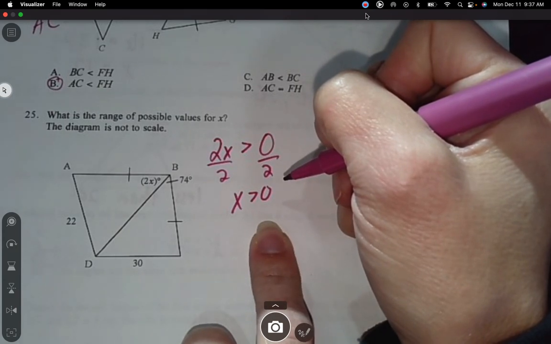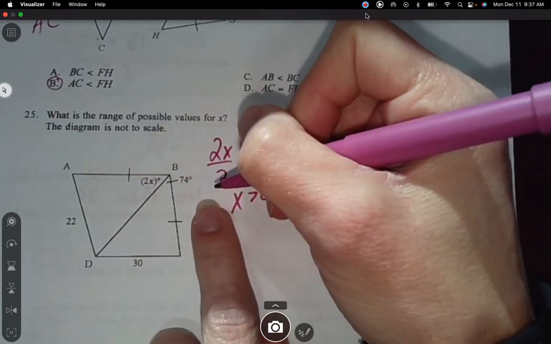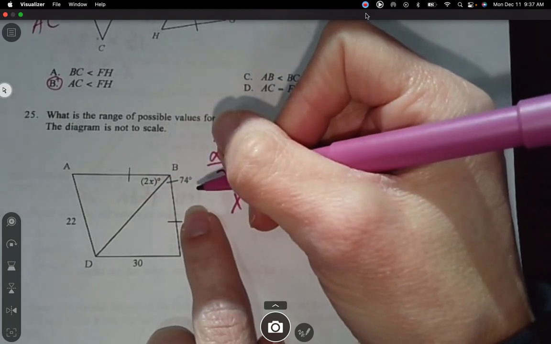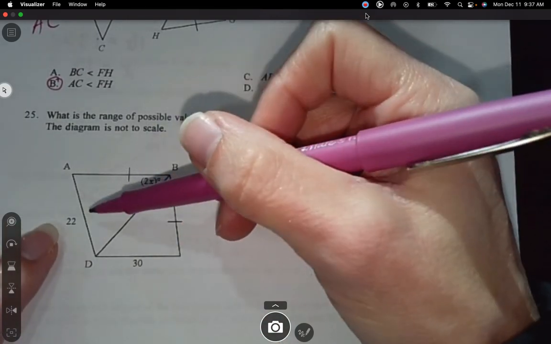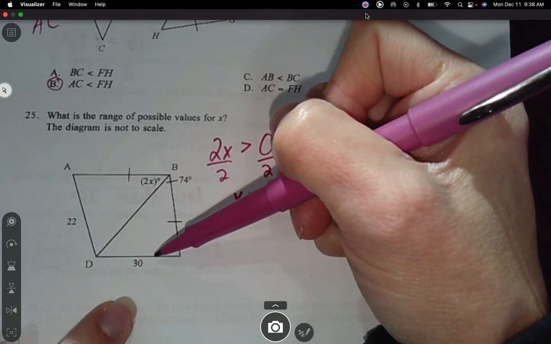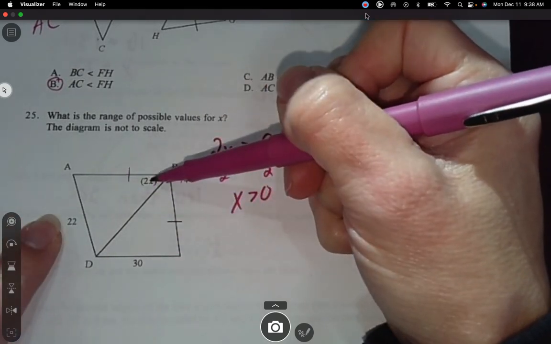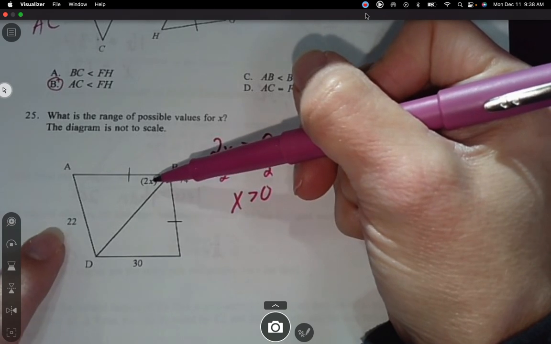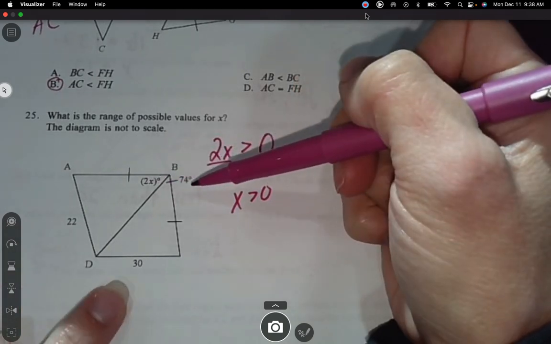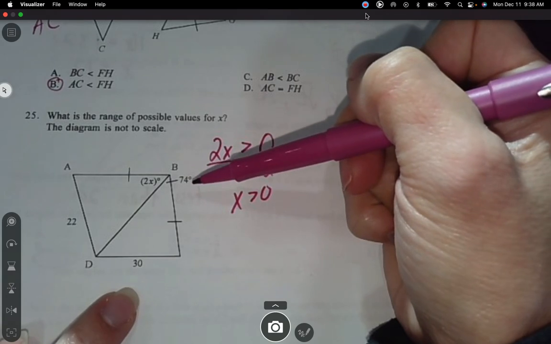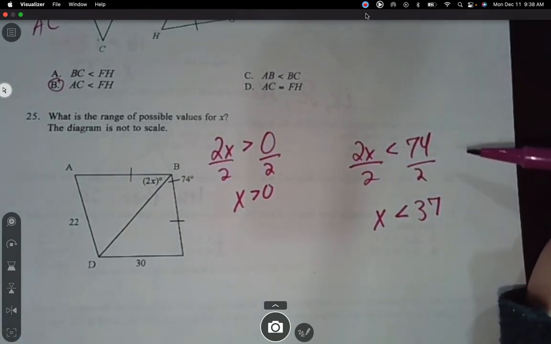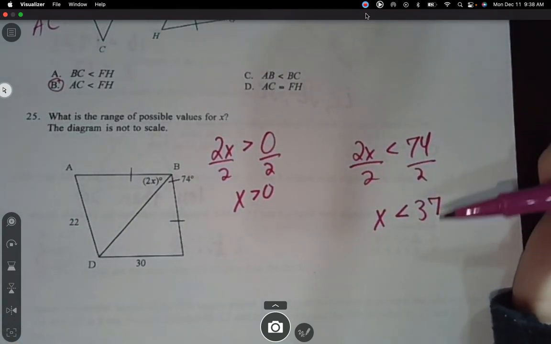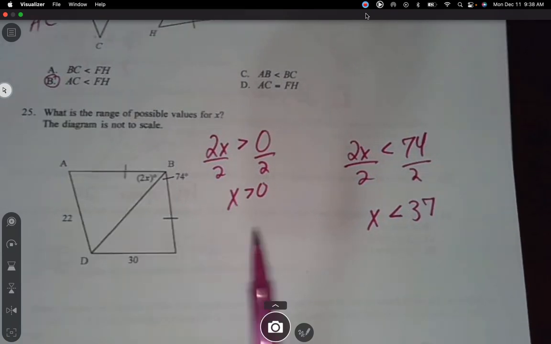The second thing, let me compare these two angles, 2x and 74. Look at the sides across from them, 22 and 30. So 2x, is it going to be bigger or smaller than 74? If this one goes with 22 and this one's 30, 2x is smaller than 74. So I wrote that and I solved it, and that's the two things.